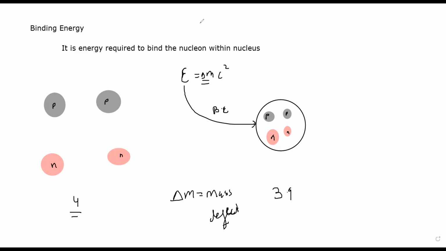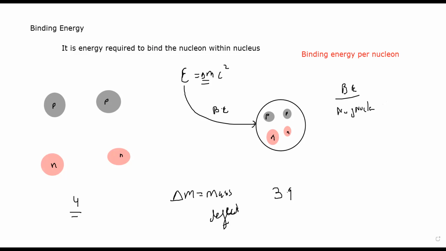And what is the binding energy per nucleon? The binding energy per nucleon means how much energy is required to bind each nucleon. So the total binding energy divided by the number of nucleons, the number of particles inside the nucleus, gives the binding energy per nucleon.